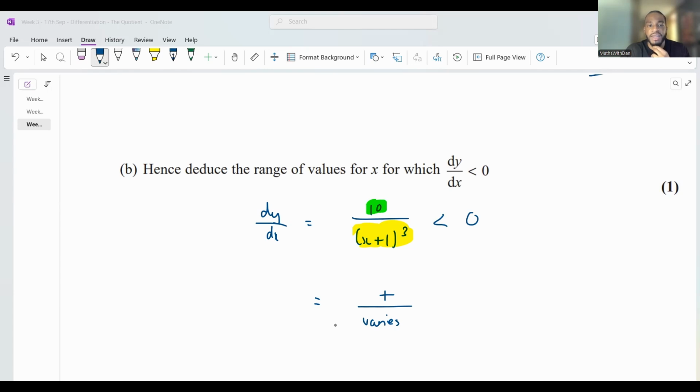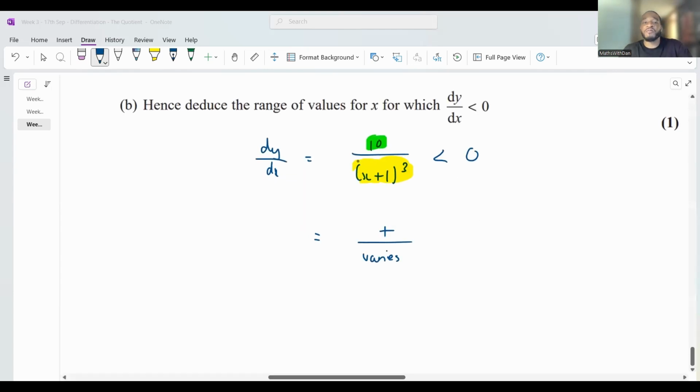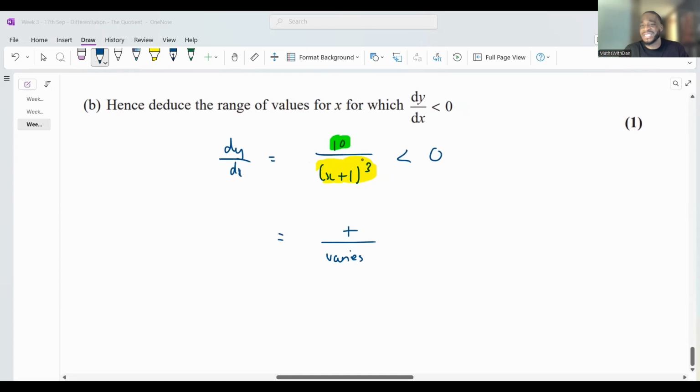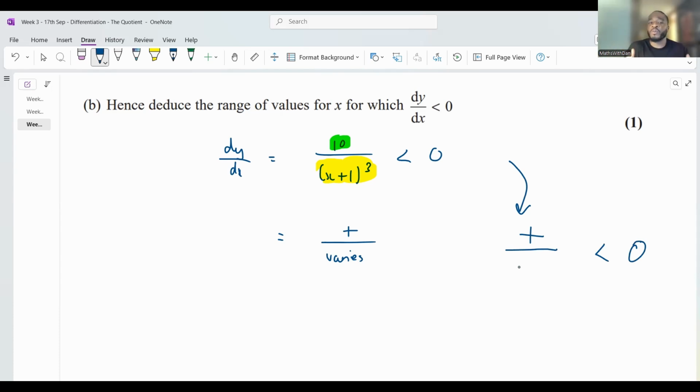Yeah, good stuff. Now, we're dealing with a fraction. We want the fraction to be less than zero. Well, we know that the numerator is always positive, so I can put that as a plus there. Because I want it to be less than zero, how can this overall fraction be less than zero, guys? What sign must the denominator be for us to have an overall fraction which is less than zero? It has to be a negative. Fantastic.